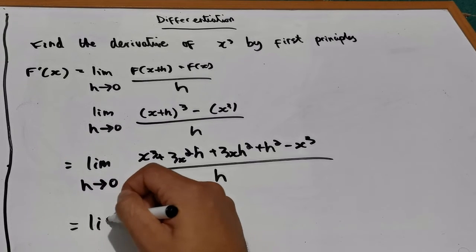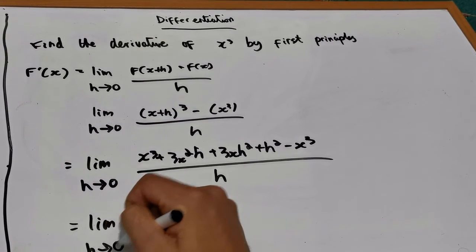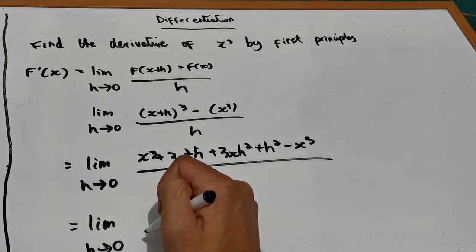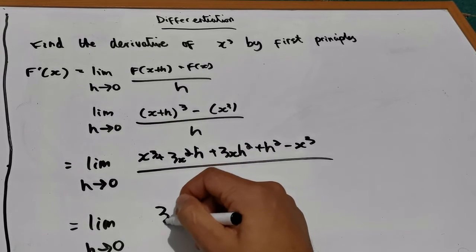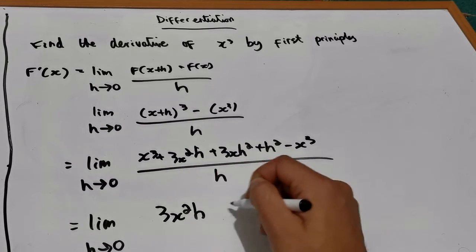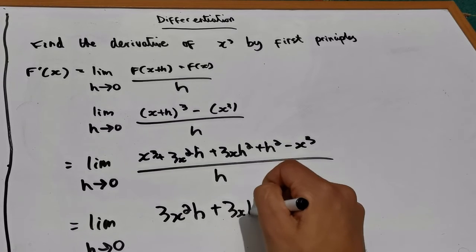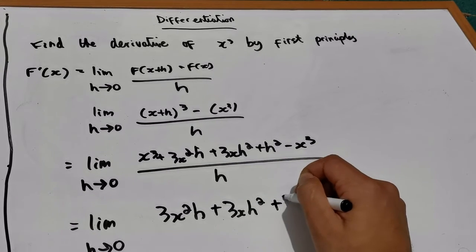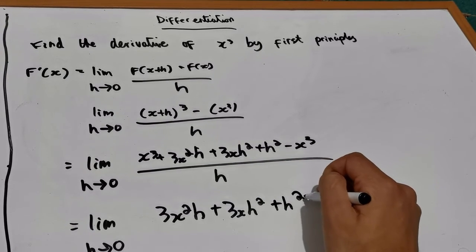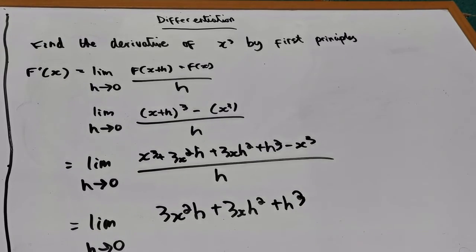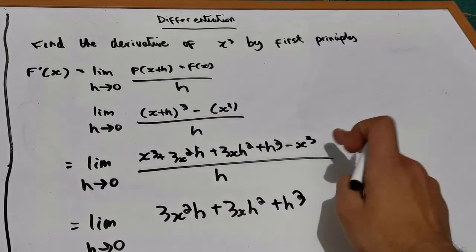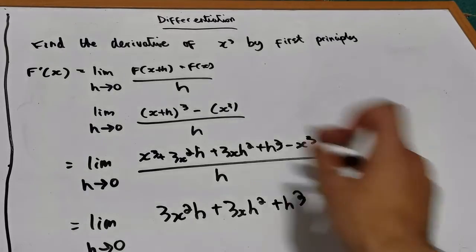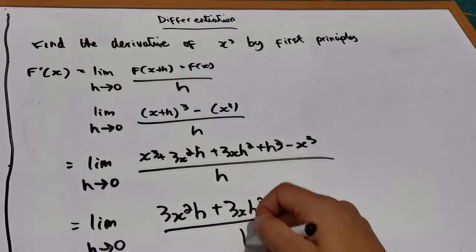And this simplifies down to the limit as h approaches 0 of 3x squared h, add 3x h squared, add h cubed. The x cubed and the minus x cubed in the previous line just cancel out and leave you with this.